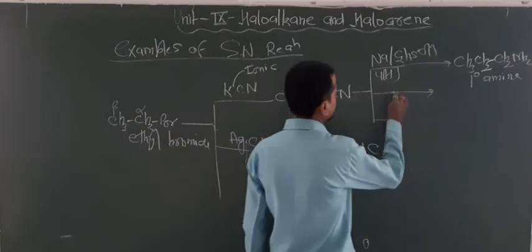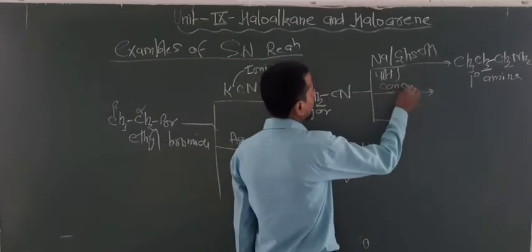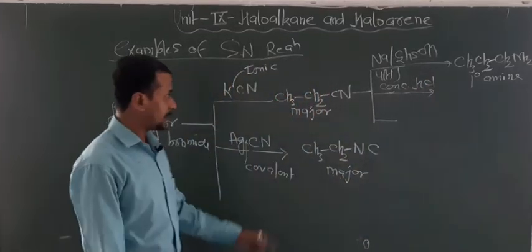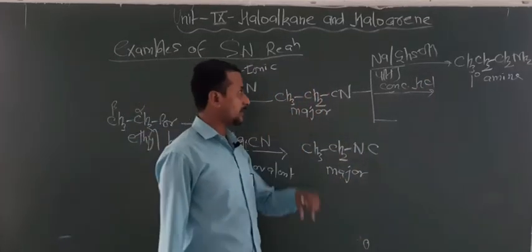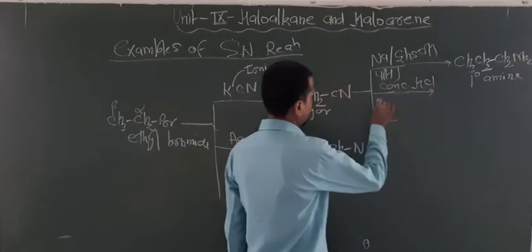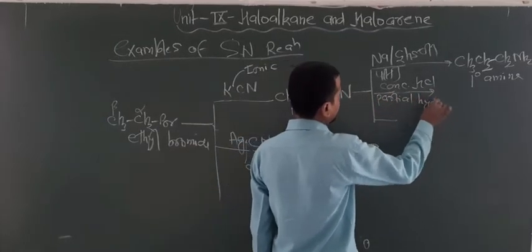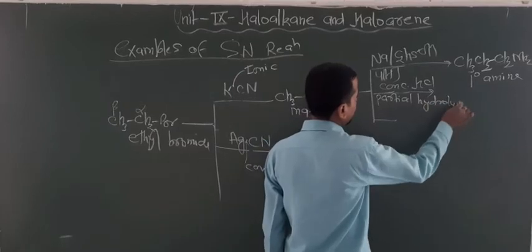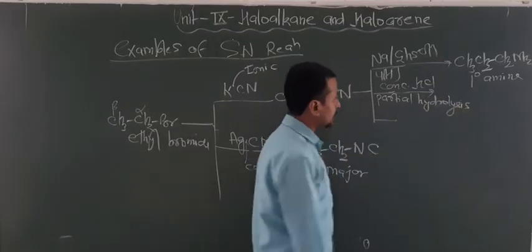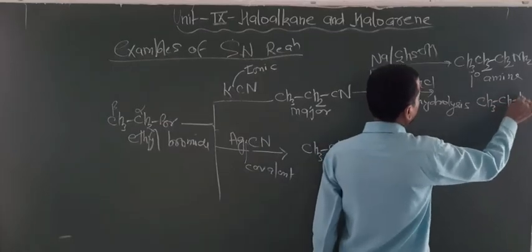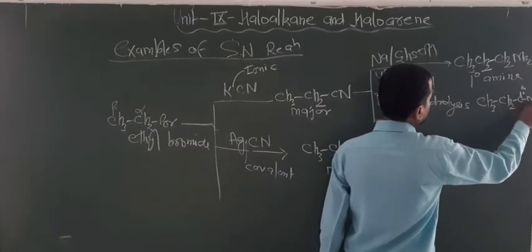Now one more reaction. When this reacts with concentrated HCl, that means the reaction of cyanide takes place in presence of concentrated HCl, this is basically known as partial hydrolysis, and this will generate basically an amide.